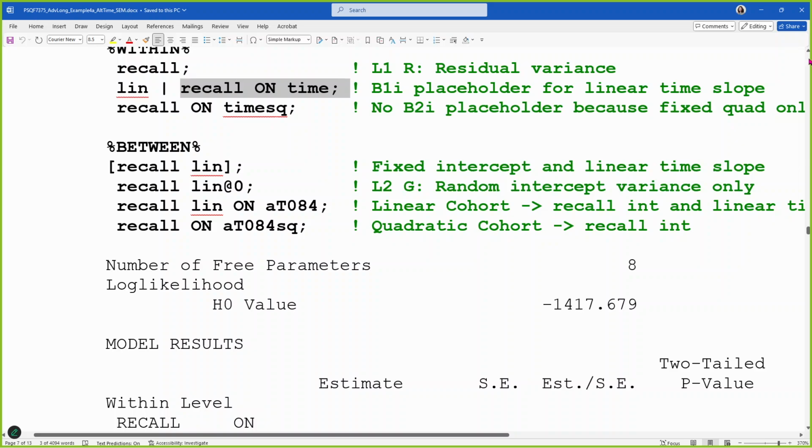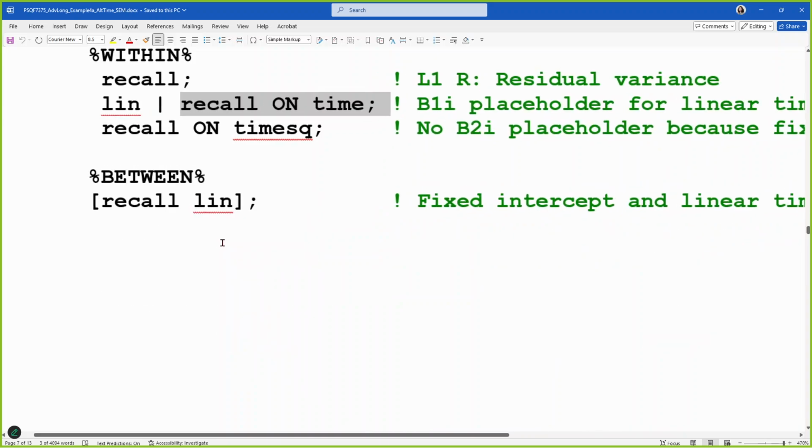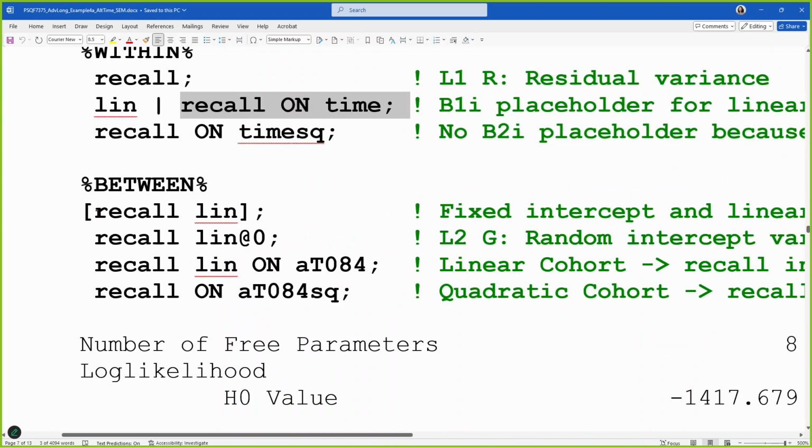So in the between model, altogether, zooming in all the way, these things are your fixed effects. This one, for time squared, is going to be shown in the within model instead because of the way the code is written. Lin at 0.